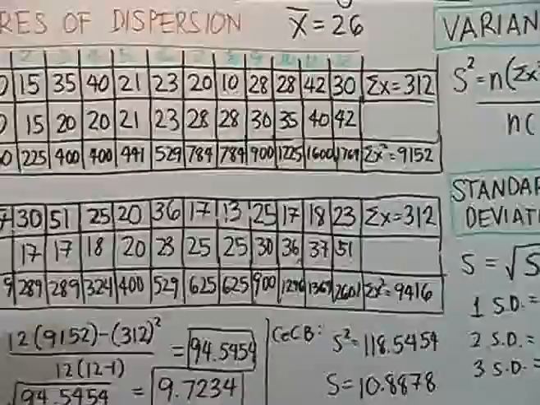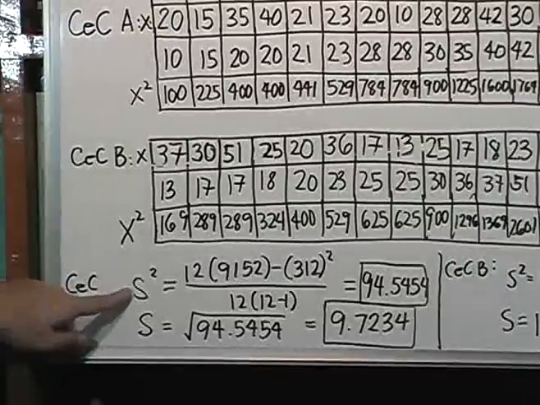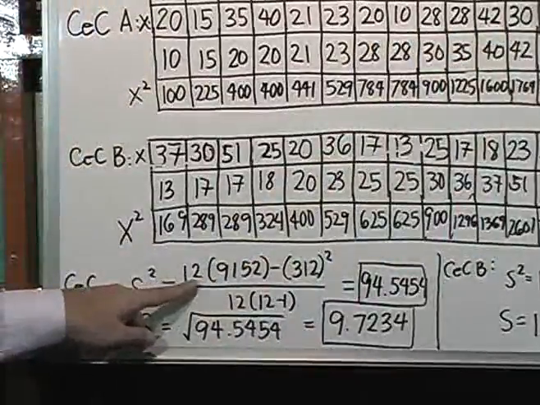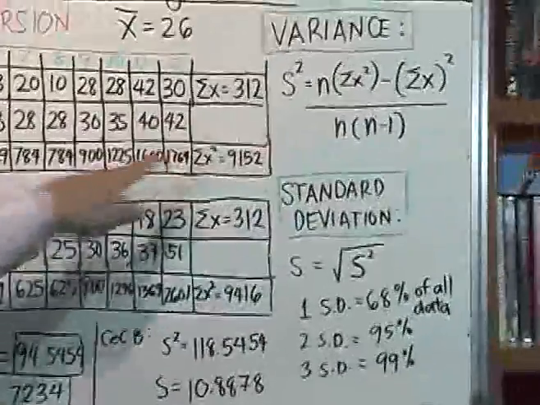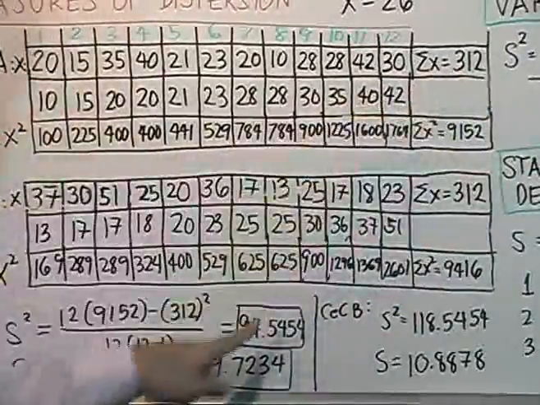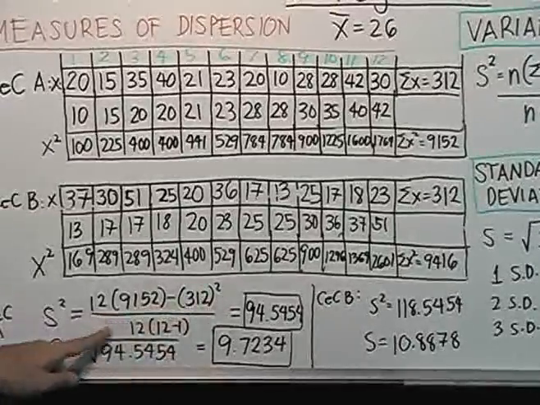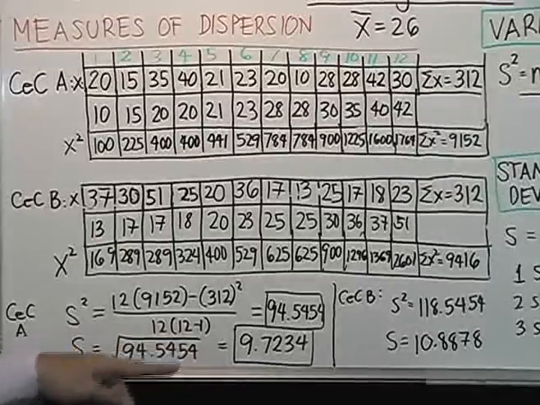9,152. Plugging that into this formula for CECA, what is the variance? Using this formula, that's 12 times 9,152, the summation of X squared, minus the summation of X, which is 312, squared, all over 12, the number of observations, times 12 minus 1.